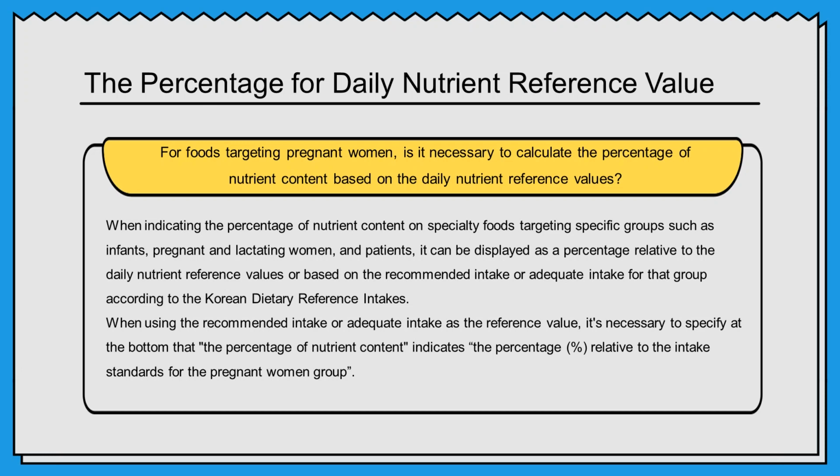When using the recommended intake or adequate intake as the reference value, it's necessary to specify at the bottom: the percentage of nutrient content is the percentage relative to the intake standards for the pregnant women group.